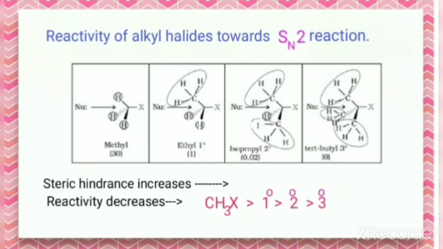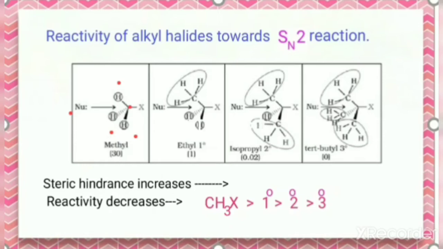When you check the structure here, the nucleophile is attacking from a 180 degree angle to the halogen. So in the first case, you can find that there are 3 H, which are small in size. Therefore, it is easy for a nucleophile to attack this partially positive carbon.